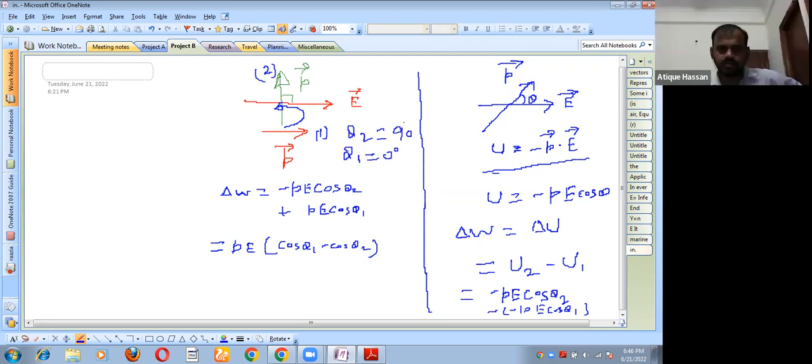Yes, theta 2 will be 90 degrees, so the dipole becomes perpendicular to the field. Straightforward, you have to put the values here. So you will get PE into cos 0 degree minus cos 90.